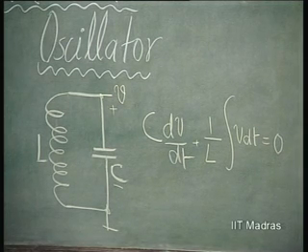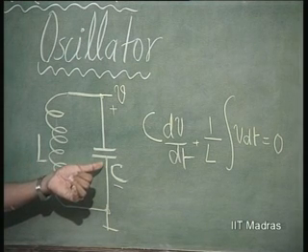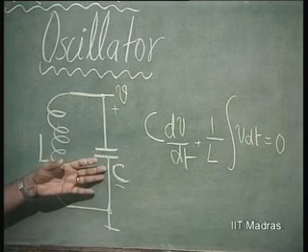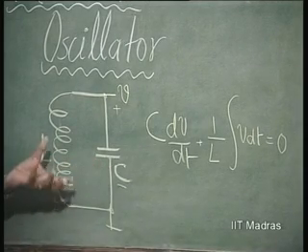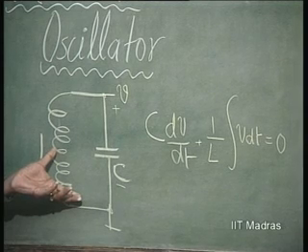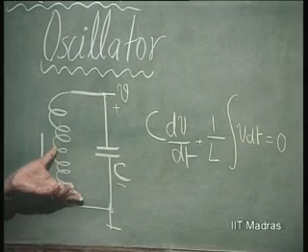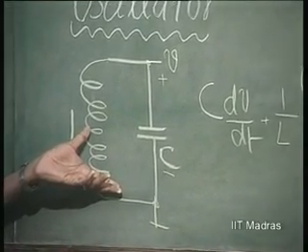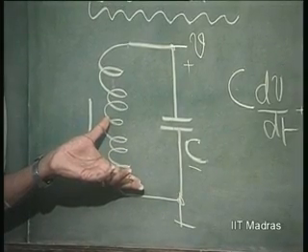Here, using L and C, it has been taught to you that this is nothing but a tank circuit. If ideal L and ideal capacitor are connected like this, and you pump in a certain amount of energy, that energy is retained in the form of oscillation, and that oscillation frequency is 1 over 2 pi root L C. All of you know.